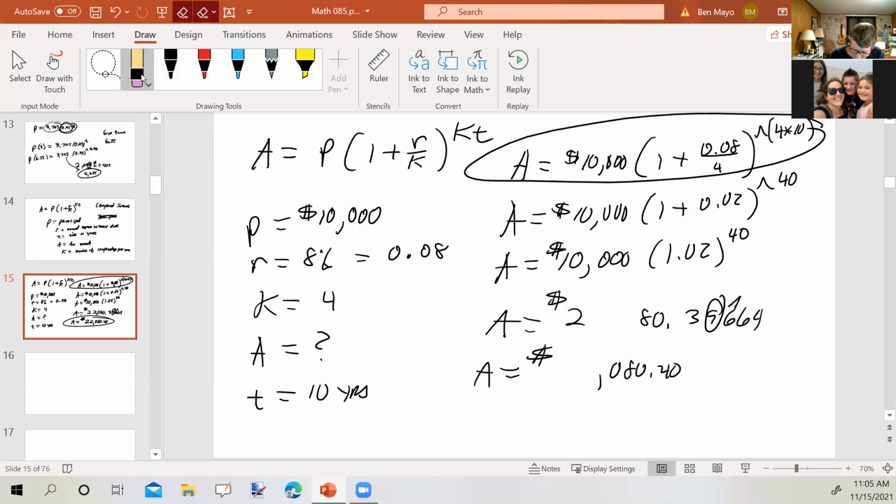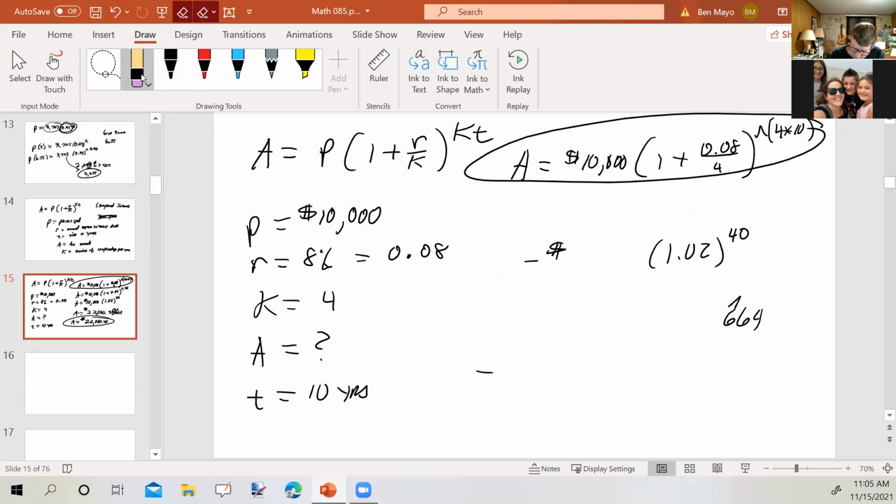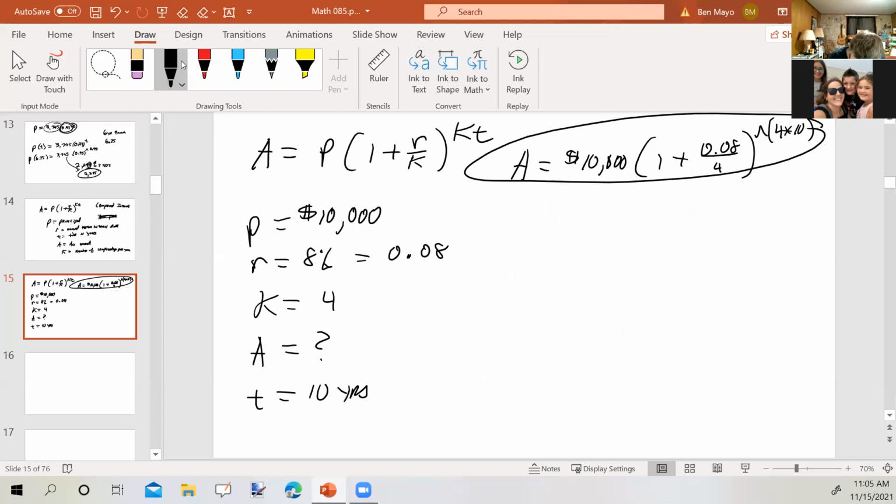And let's look at what that would look like in the calculator. Okay, so you'd have 10,000 parentheses 1 plus 0.08 divided by 4, but you're only dividing the 0.08 by 4. Close the parentheses, the caret power key, and then parentheses 4 times 10, close parentheses.